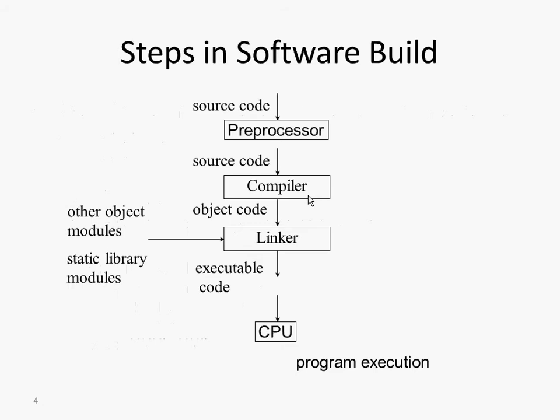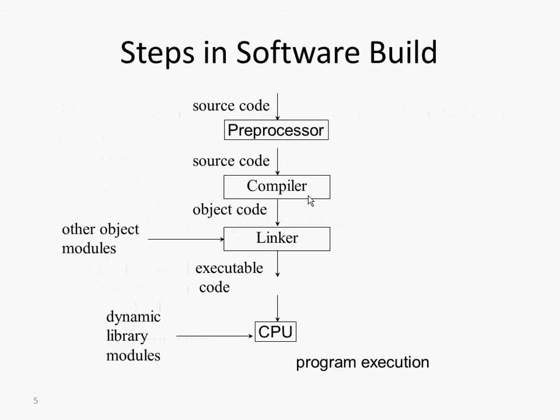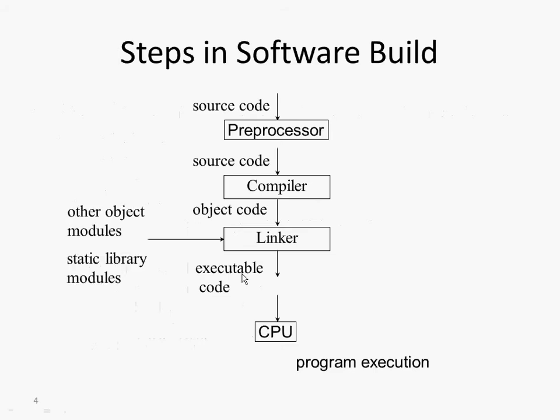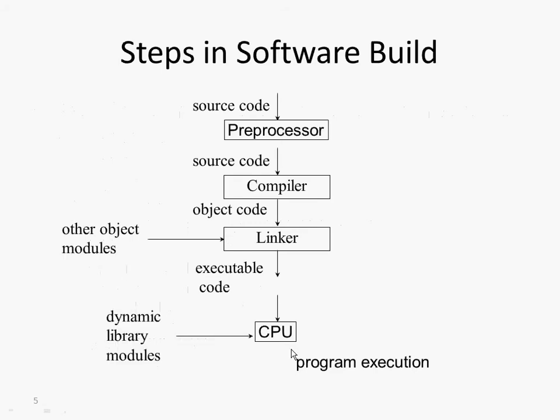Some of them might be a really nifty tool you write up and it can be used in many different projects. And then it turns out that the linker weaves in a lot of code here for so-called static library modules, but then there's ones where it'll actually leave getting their code until the program runs.